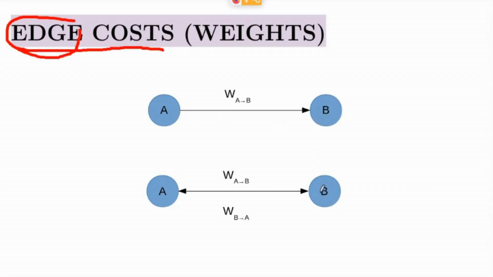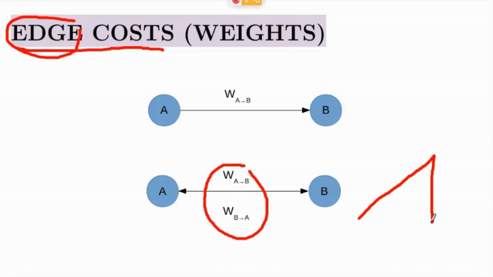But here at the bottom of the figure, you can see that we have a bidirectional graph. You can go from A to B, but you can also do it the other way, the way back, from B to A. And here I make the difference because you are not forced to have the same cost to go from A to B as from B to A. Here you have a simple explanation.